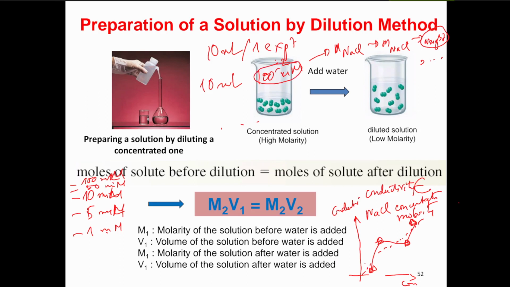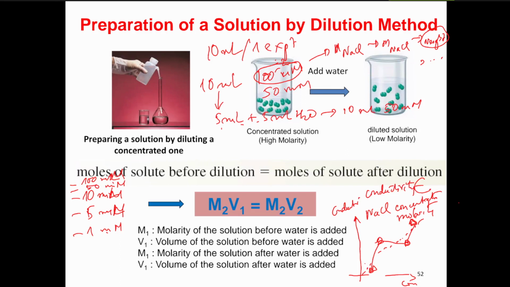If you want to prepare the second solution with 50 millimolar, what you can do, you take 5 milliliters of this solution, you put 5 more milliliters of water. So you will have 10 milliliters of solution with 50 millimolar. So by doing so, you will have limited error. You will not need to weigh anymore.